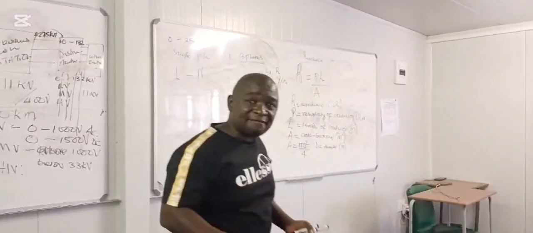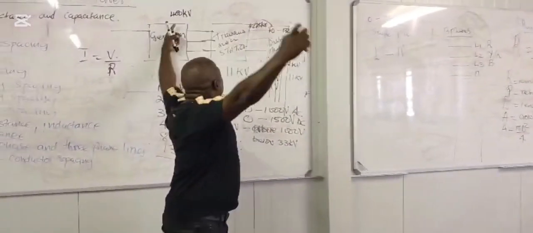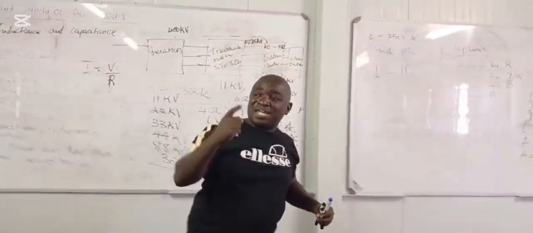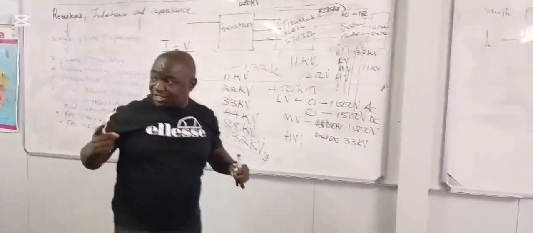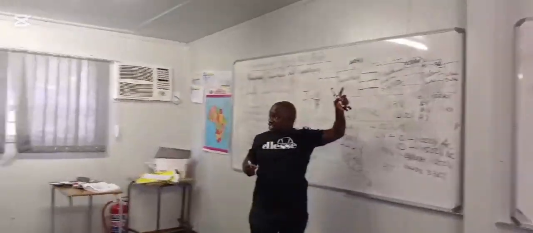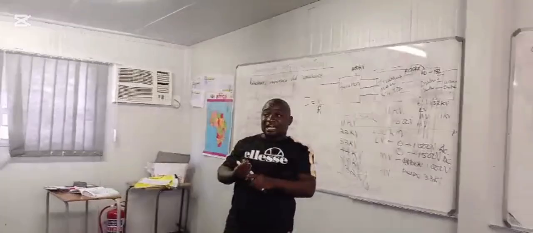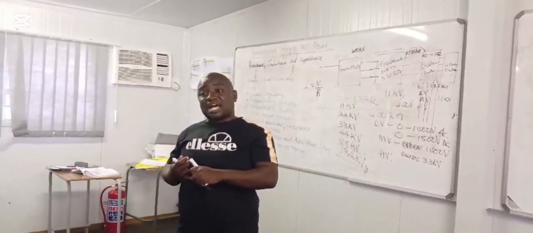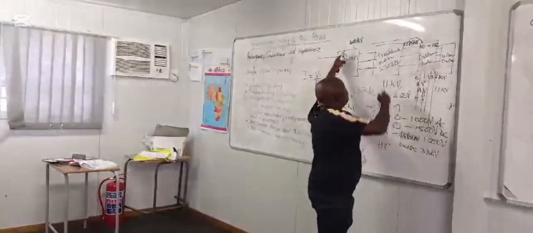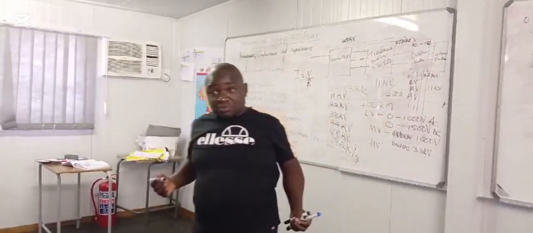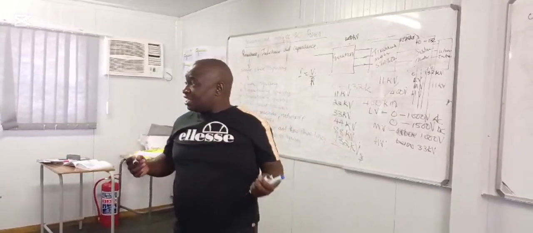We cannot have a conductor that is hanging and not doing any job. In order to minimize the losses, that's why they use the delta configuration. That delta will be less costly compared to star, because we cannot transmit with a neutral wire that doesn't do anything. It will be unnecessary cost.